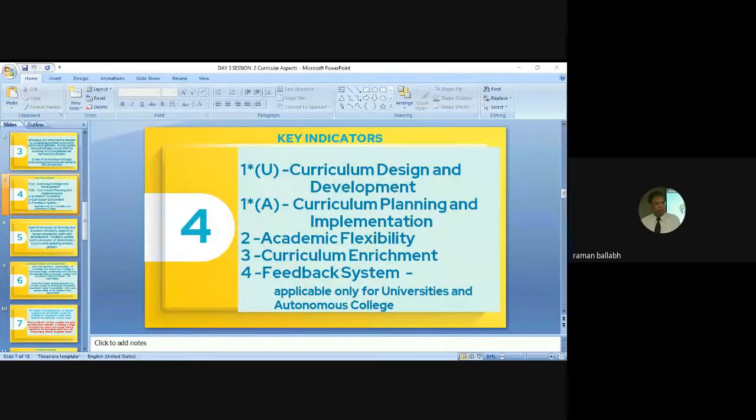The student has passed out 12th and is in graduation with you. You created a graduation syllabus and they came from CBSE or a state board 12th. So there must be a gap of academic understanding between 12th knowledge and graduation knowledge.